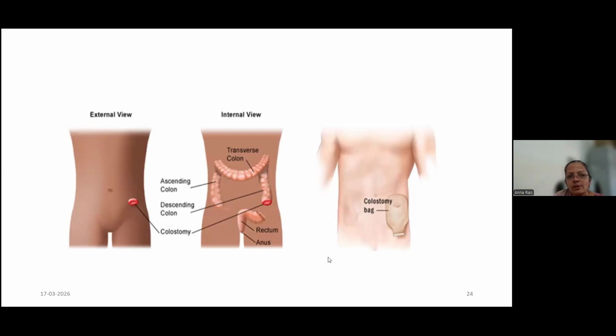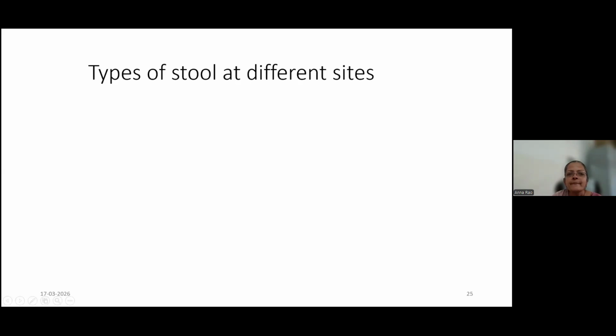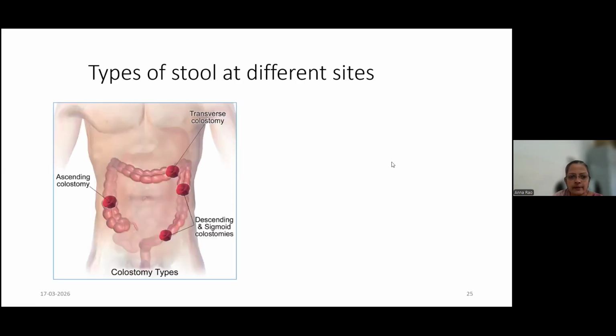So this is how the patient's stoma will look. Okay, from outside what you can find and the inside what will be there. Okay, and how he will look with the colostomy bag. Fine. Depending on where the stoma is created, the stool consistency will be in that way, right?